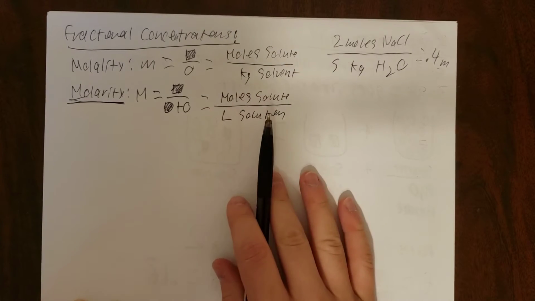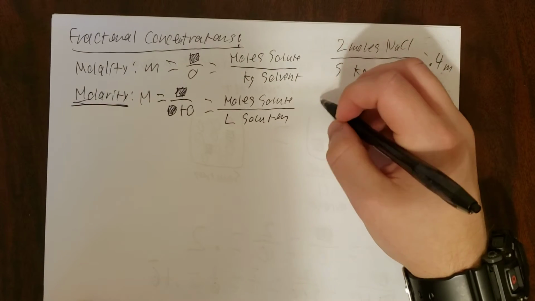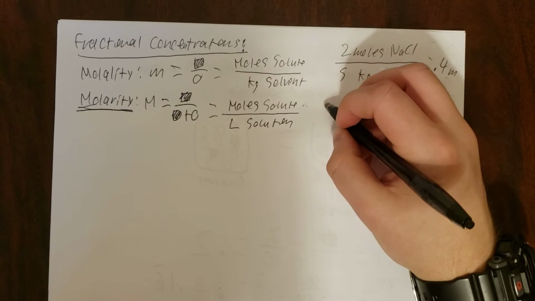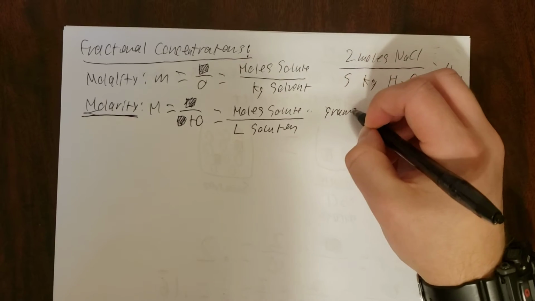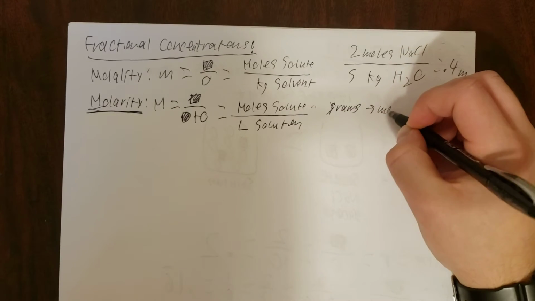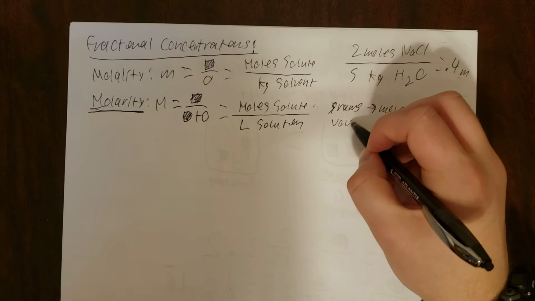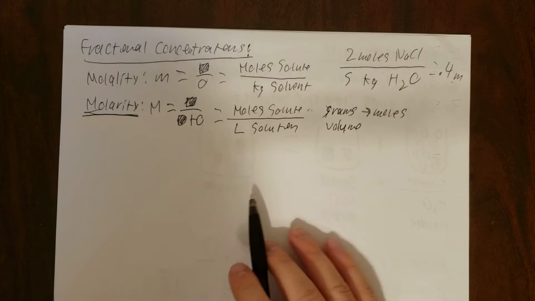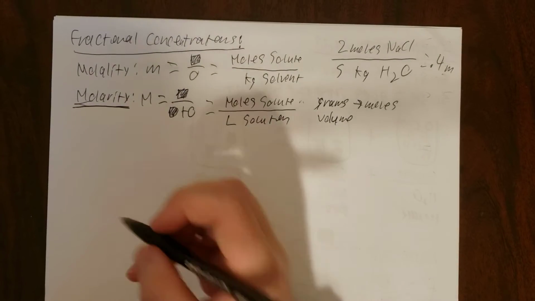The reason it's so important is that it's very easy to measure. You can very easily find the number of moles by measuring out how many grams of solute are added, converting that to moles, and then just finding the volume of your solution. It's a very useful concentration unit to know.